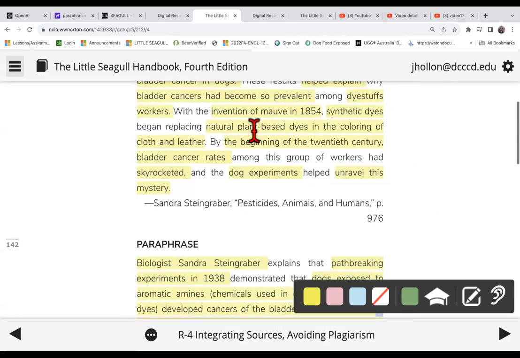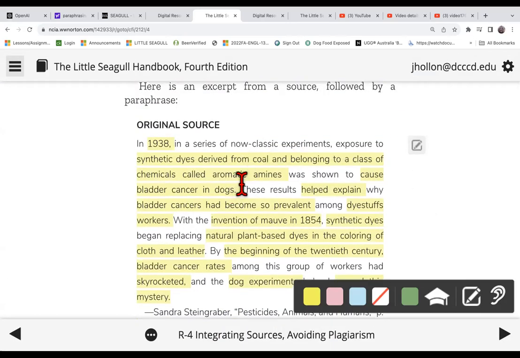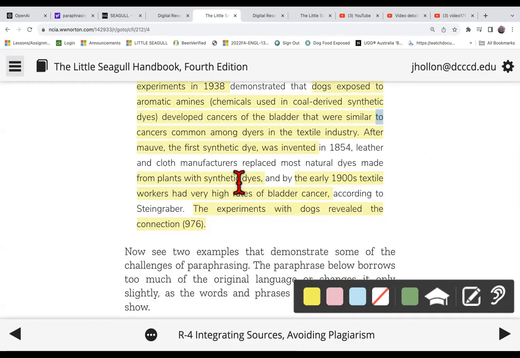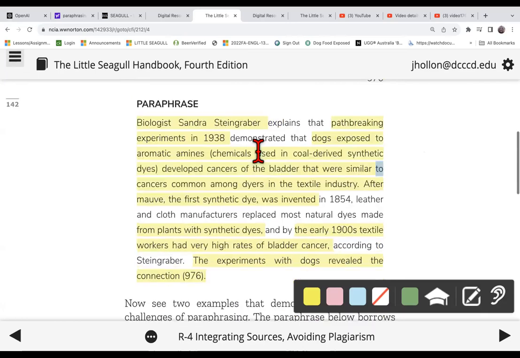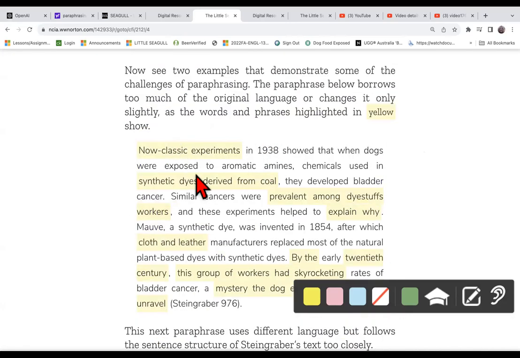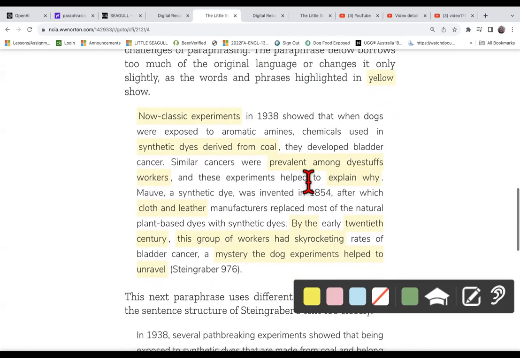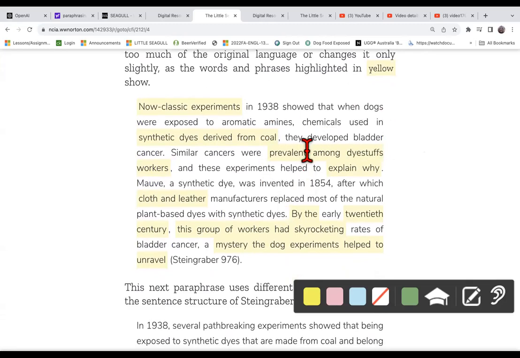Okay, so if we go up here, we're going to go back and look at this. Is the sentence structure the same? Well, it does not start out, doesn't even put 1938 there. Derived from coal, prevalent among workers.